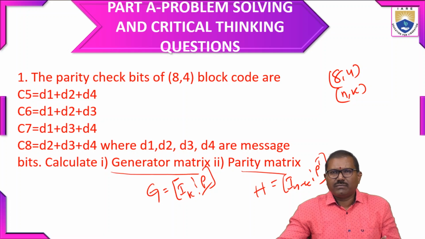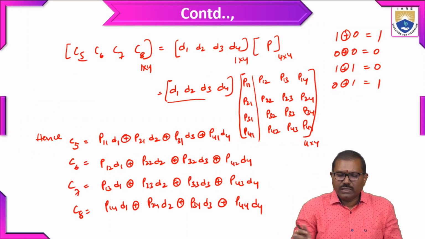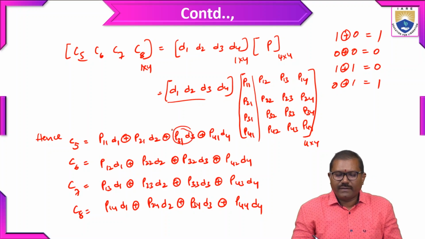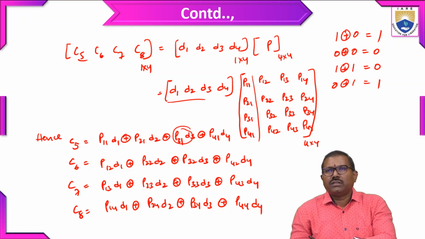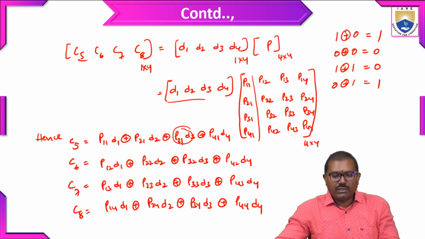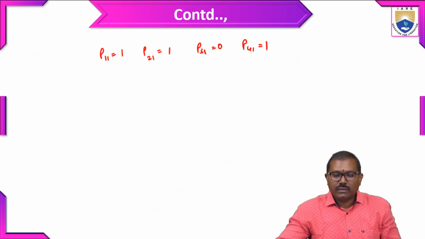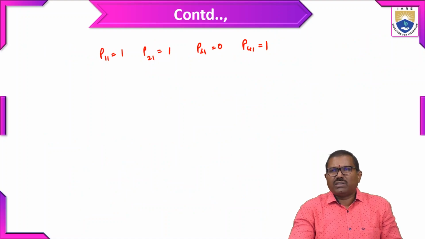In C5, D3 is absent. So here in C5, this D3 is not having. Okay, why? Because D3 is 0. 0 into anyone gives 0. Okay, so what is left? D1, D2, D4 present. So P11, P21, P41 are 1s.